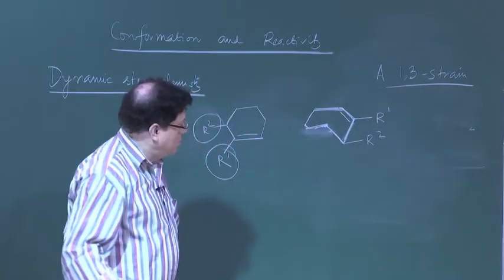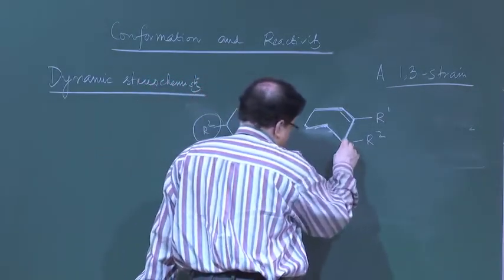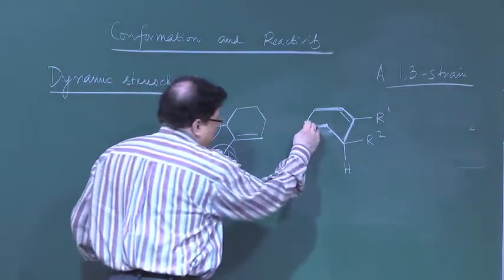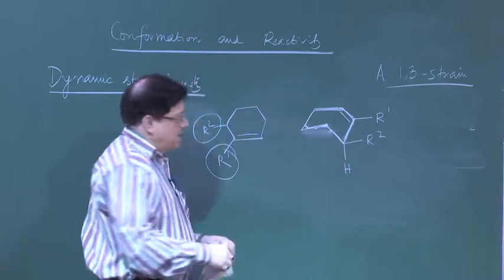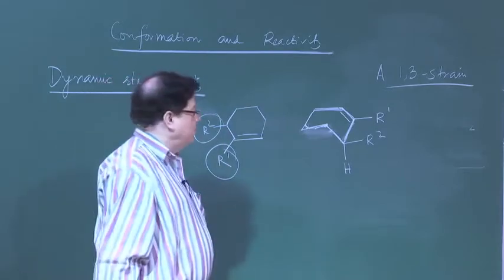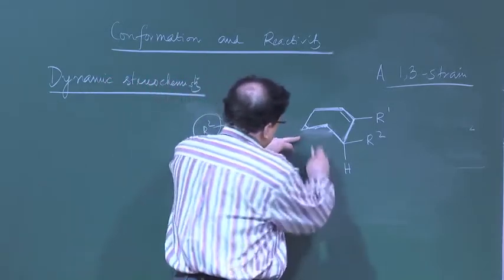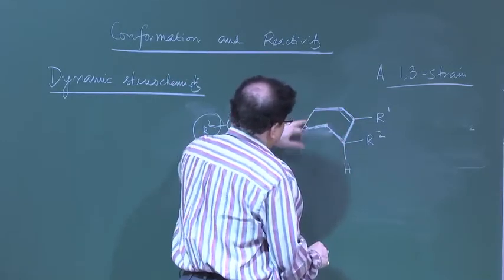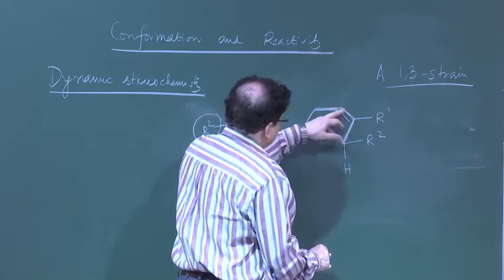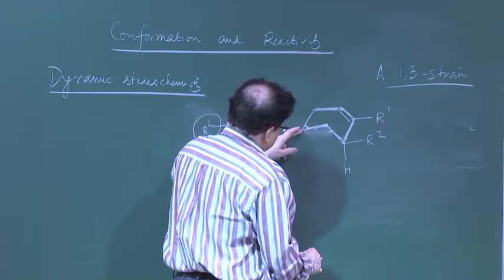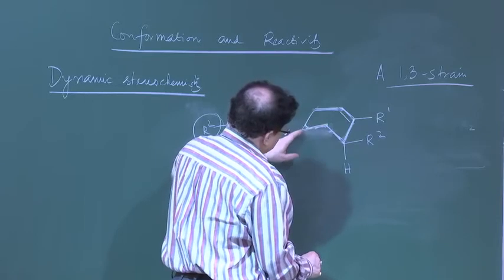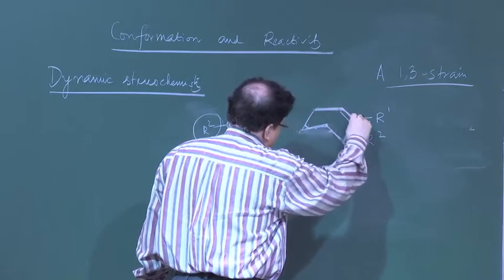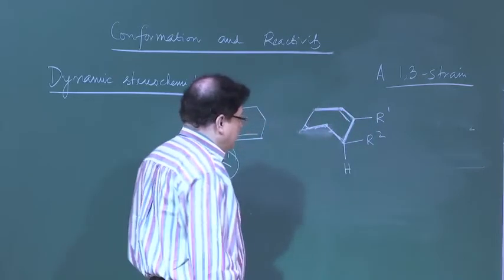This is not perfectly equatorial like in cyclohexane, and this is the axial position. Okay. First of all, this is not a planar system, this is what is called a half chair type of conformation, and in this conformation you must note that 4 carbon atoms are in the plane, 1, 2, 3, 4, and this goes down and this goes up. So, this is in the plane because of the sp2 nature of the double bond. Okay, that has to be.